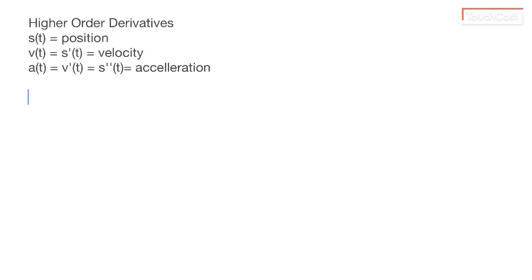So there's a bunch of different derivatives we can have. We so far have been talking about the first derivative, which we typically write as y prime. But you can have higher order derivatives than that. We can have second derivatives, which we write as y double prime.